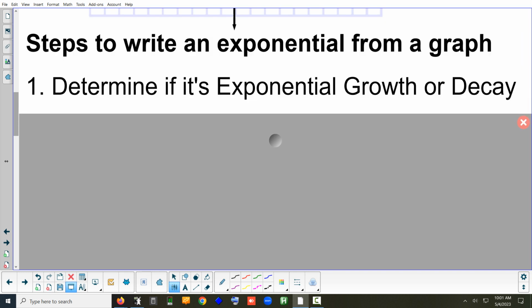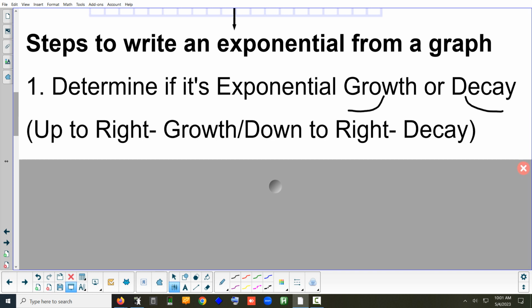Alright, so the first thing you want to do when you're trying to write a formula is they're probably going to ask you if it's growth or decay, so you need to figure that out first. If it curves up to the right, that's growth. If it curves down to the right, that's decay. So you get that by just looking at the picture. So up to the right, growth.